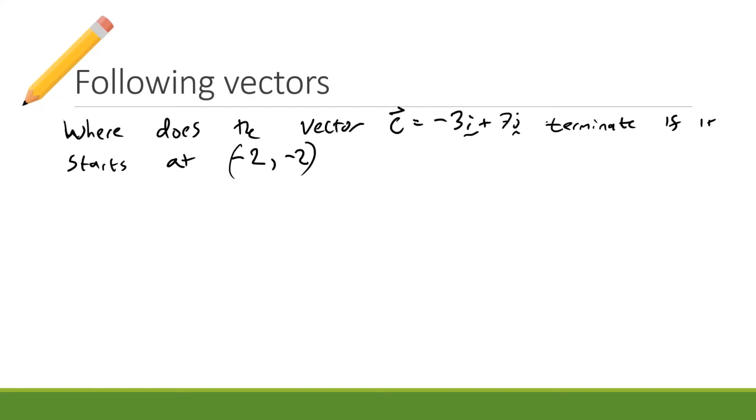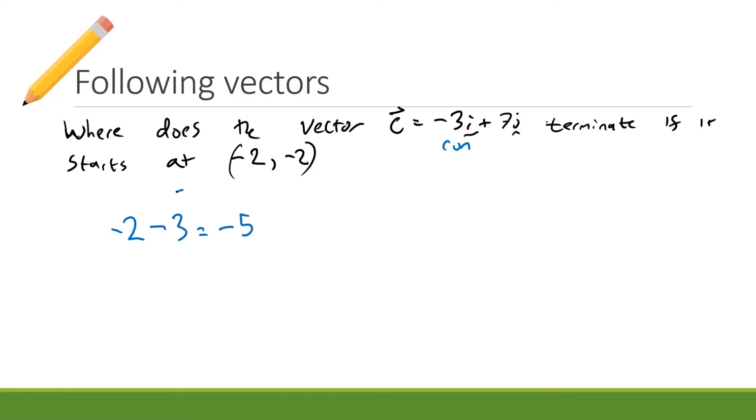Let's find out. We know that the -3 here is going to be our run. So if I've got -2 in the x, I'm going to take this -2 and minus 3, which is going to be -5.